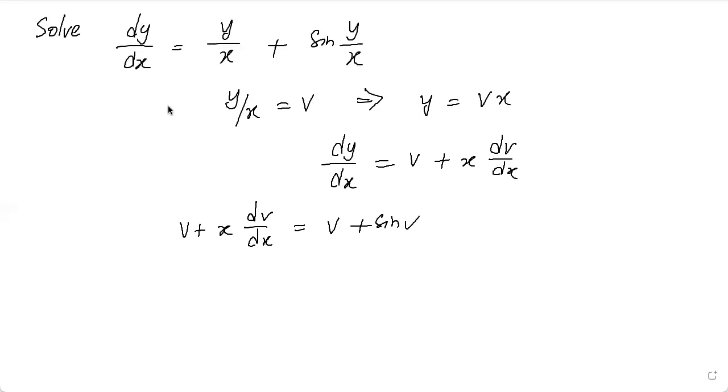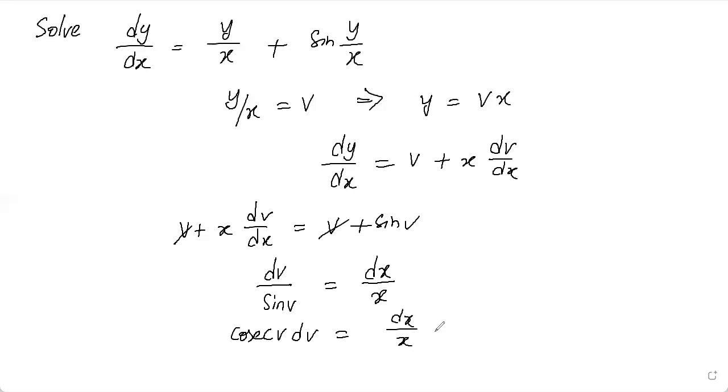So v and v get cancelled here. Taking v terms on one side, this will be dv by sin v, which is equal to dx by x, or you can write 1 by sin as cosecant v dv is equal to dx by x.